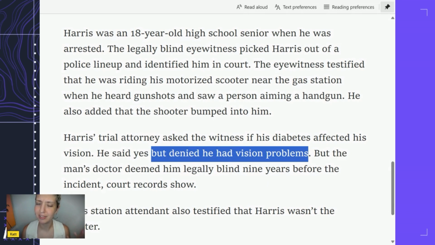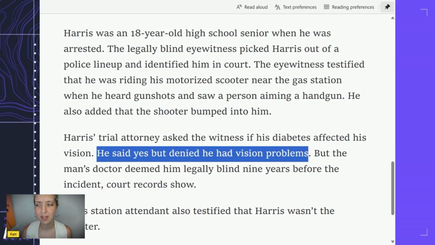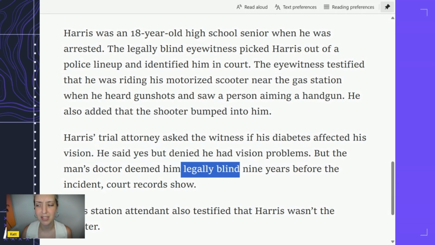Tomato, tomato. But the man's doctor deemed him legally blind 9 years before the incident, court records show. So this witness says yes, diabetes affects my eyesight, but I don't have vision problems. But you also went to a doctor and were deemed legally blind 9 years before the incident, court records show.